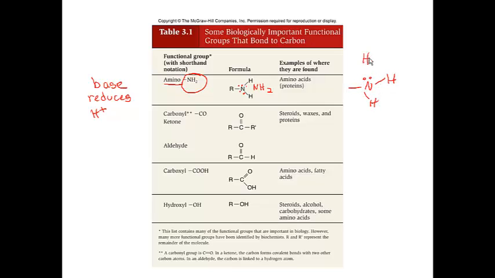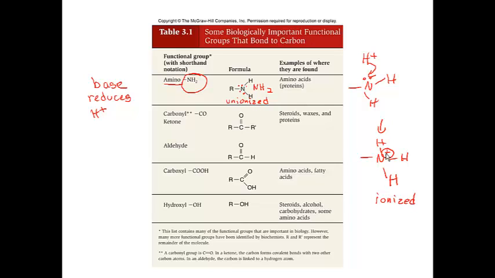So now in the presence of a proton, that proton can share that lone pair, now creating an NH3 group that is positively charged because we have an additional proton that has been added to the structure. So an amino group can be uncharged or unionized, or we have a functional group that can be ionized.